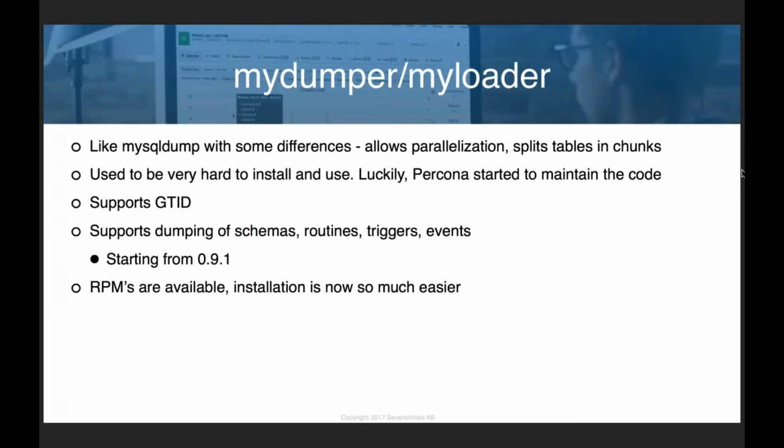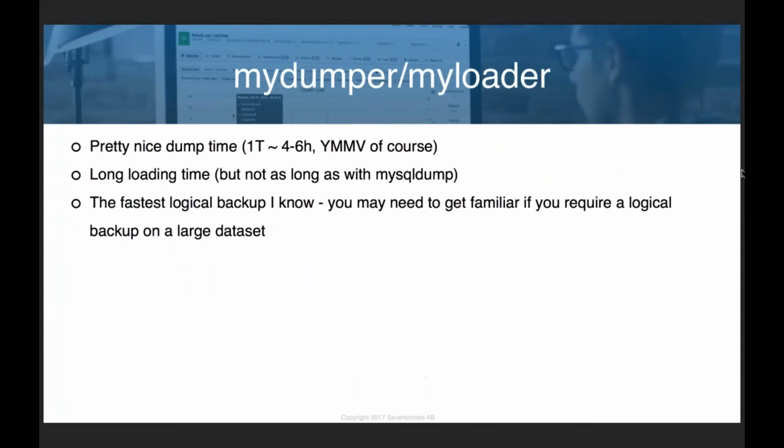It supports dumping of schemas, routines, triggers, events, and that hasn't been the case as I said 2-3 years ago. RPMs are available and they do work, so it's much easier to set this up. So right now it's basically on par with mysqldump when it comes to the features, and it's faster because it allows some parallelization.